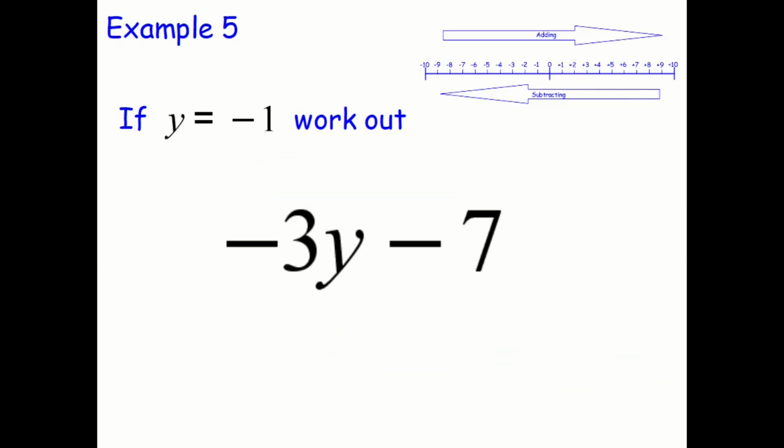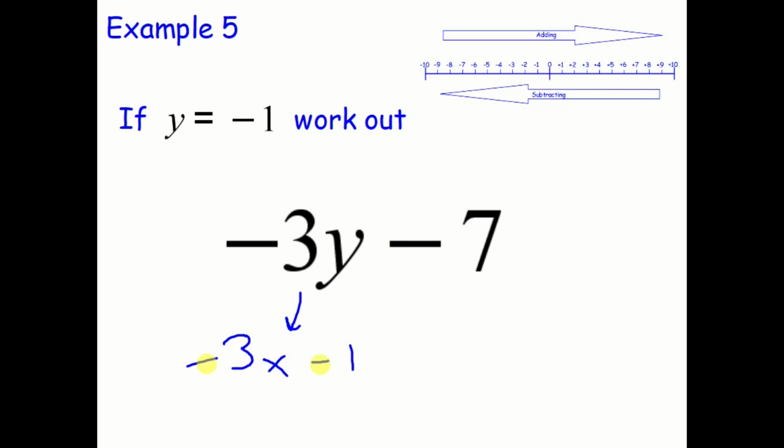Example number 5, if y equals minus 1, work out minus 3y minus 7. Okay, minus 3y means minus 3 multiplied by minus 1. And if we look here at the rules, well, actually, a minus times a minus, remember, is a plus.